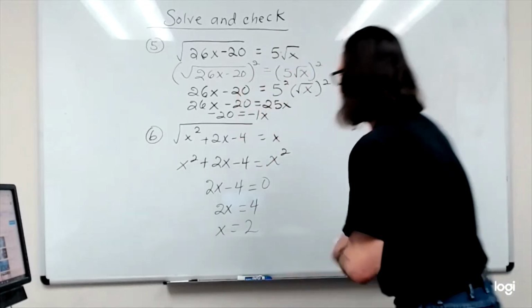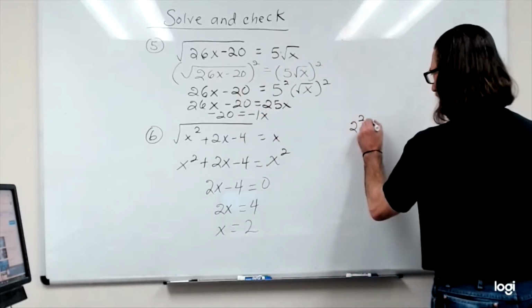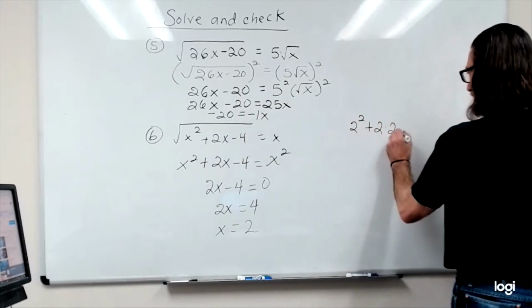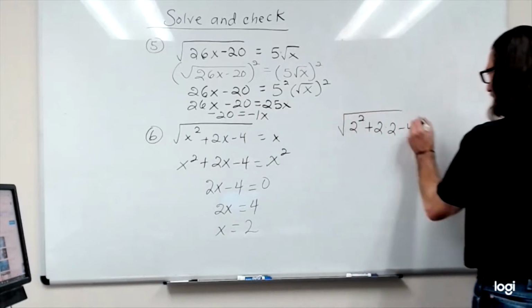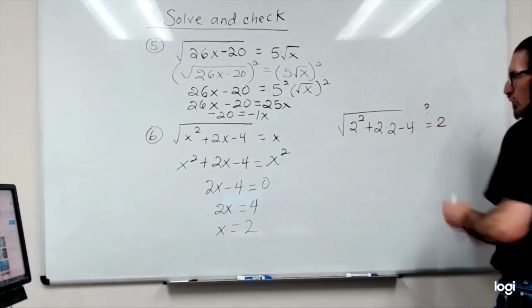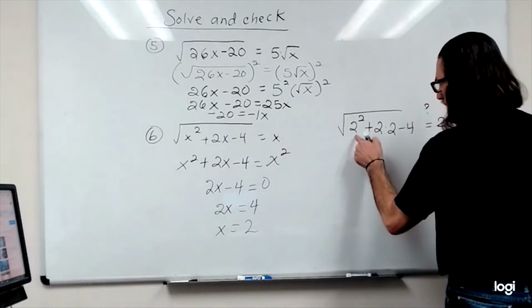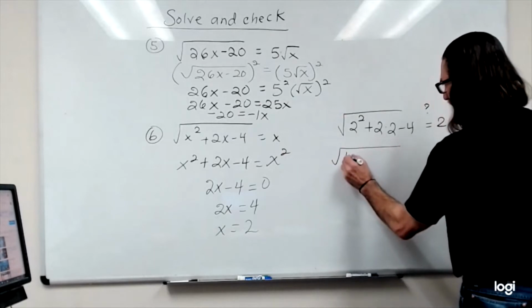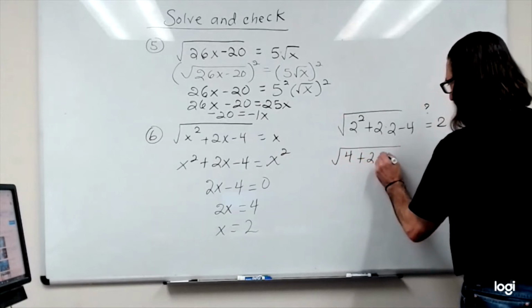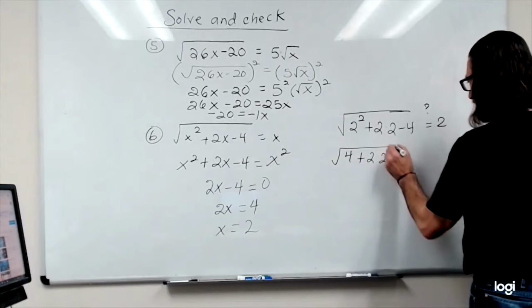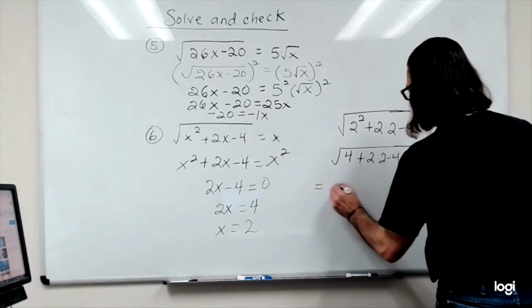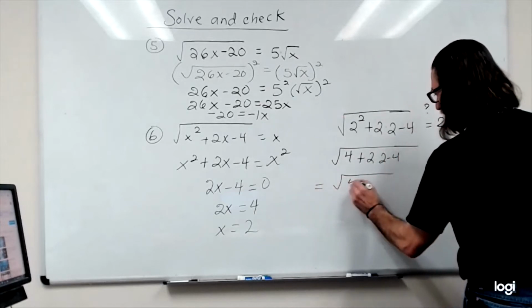So here we go. This is the question. Does that equal the 2 that we'd get on the right-hand side? So order of operations, we'd have to do the exponents first, then multiply.